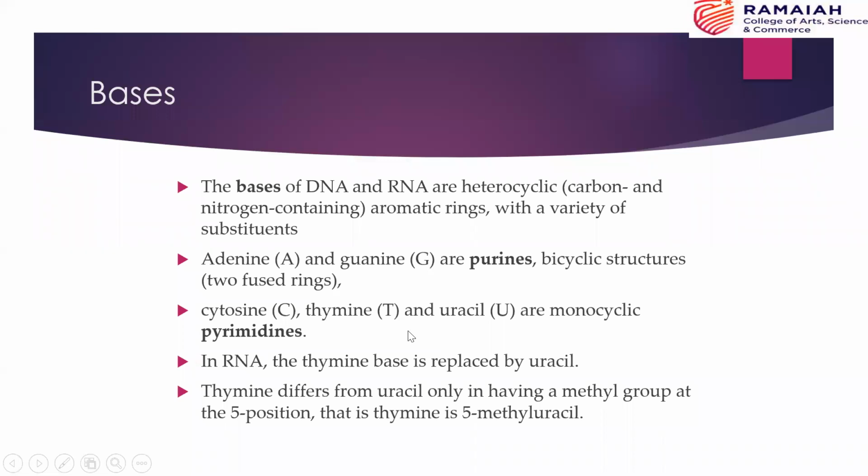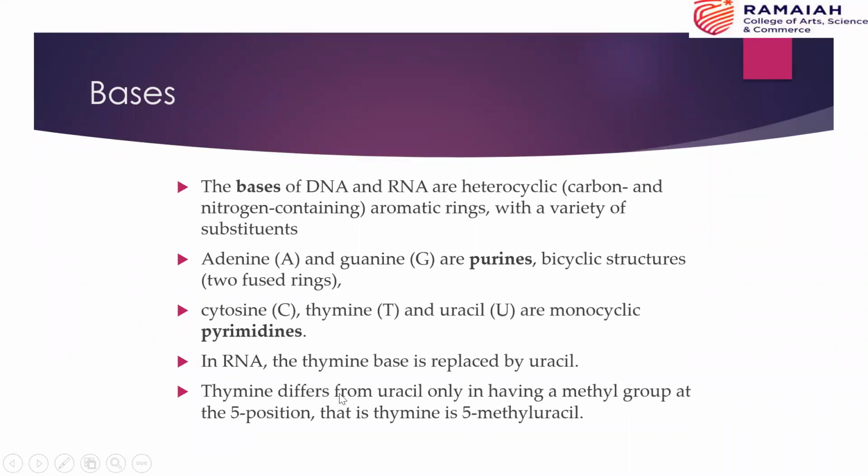We also have 2 pyrimidines. They are cytosine, thymine, and in case of RNA, we have uracil. These pyrimidines are monocyclic structures. As I told you, in RNA, the thymine is replaced by uracil.